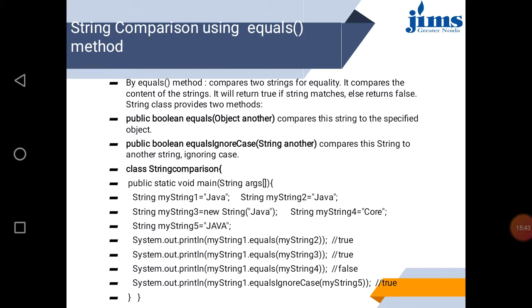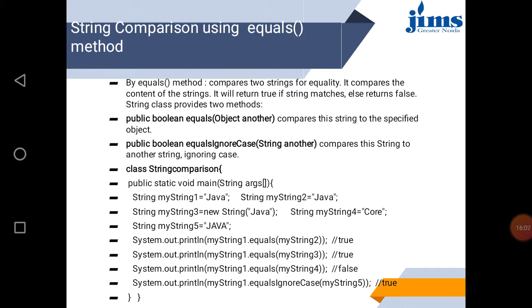If we compare my string 1 dot equals my string 2, both have the Java keyword. That is why we are getting true. The result is true because it is a Boolean returning function.